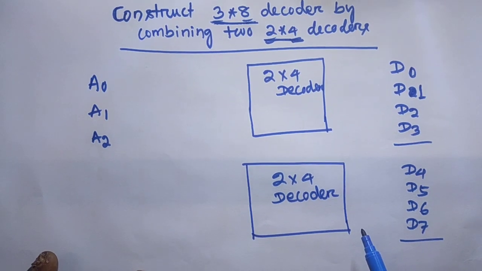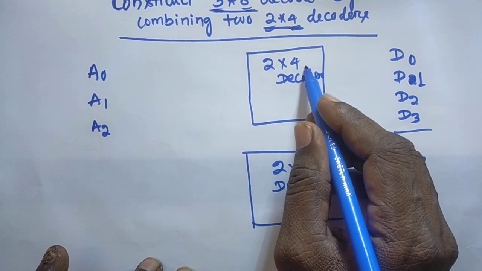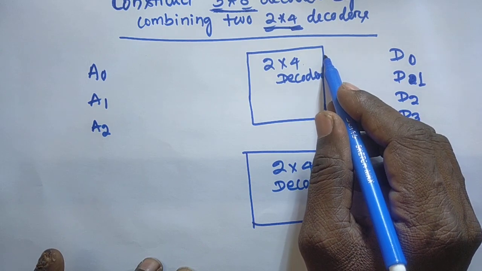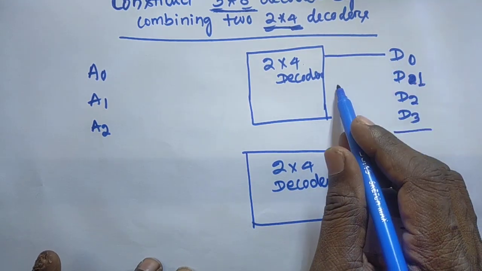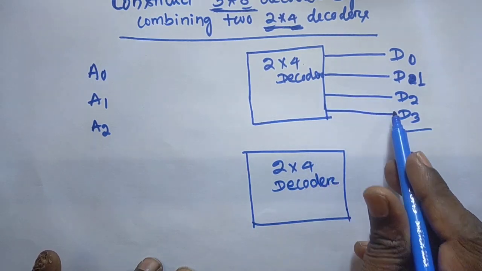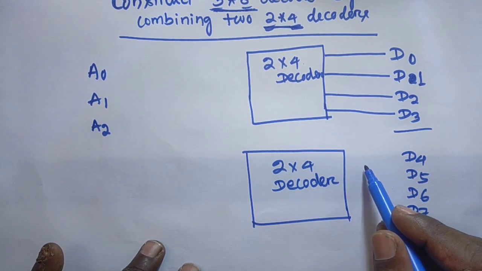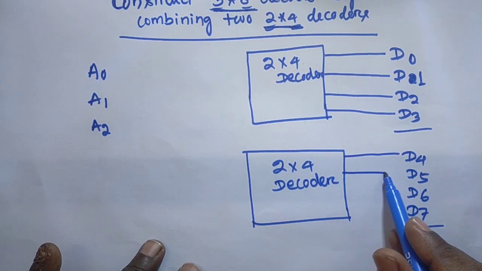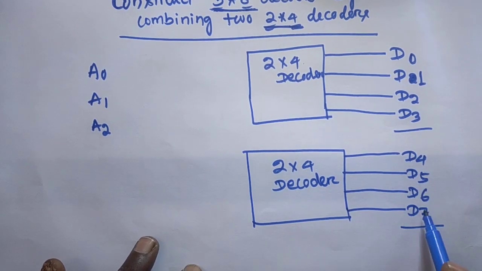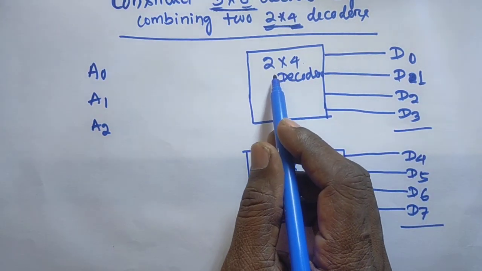How many outputs can we get here? Since it is 2 into 4, we provide 2 inputs and get 4 outputs: D0, D1, D2, D3. Similarly, the other 2 to 4 decoder gives D4, D5, D6, D7. Here also there are 4 outputs. We provide 2 inputs to each 2 to 4 decoder.